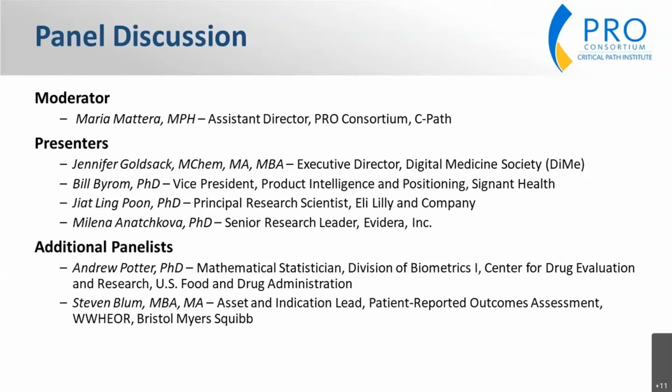And for me, the sweet spot is when a device or sensor either allows you to measure something that you couldn't measure before, or it allows you to measure something more accurately and reliably than you could with a COA measure. That's when you should really consider using digital technologies.